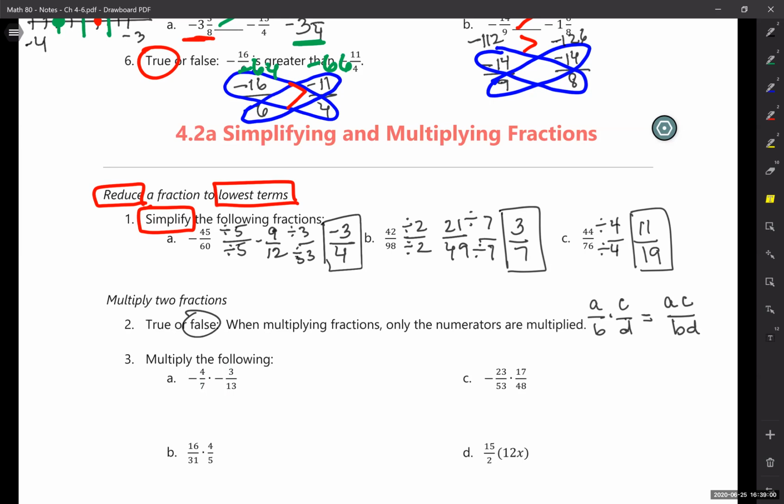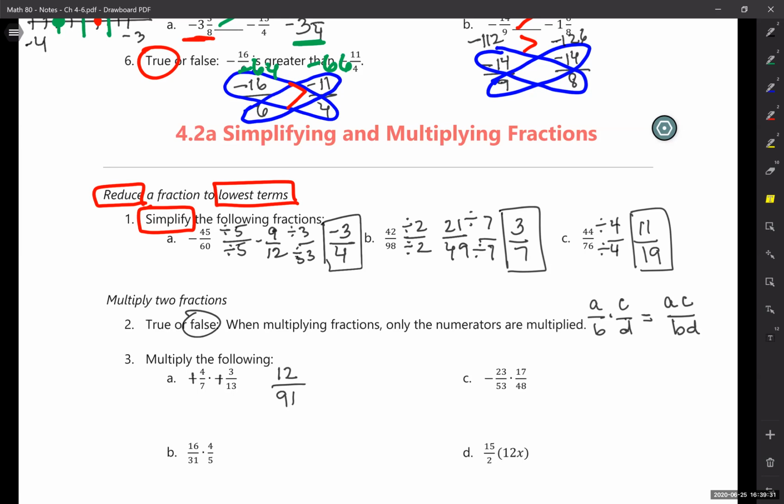So the only thing I can do before I get started is I notice there's 2 negatives, and 2 negatives always multiply to a positive. So I'm just going to take care of those and get them out of the way so they don't mess us up. But what's great is by doing that check early, by noticing that none of the numerators had anything in common with the denominators, I can multiply. 4 times 3 is 12. And then 7 times 13 is 91.